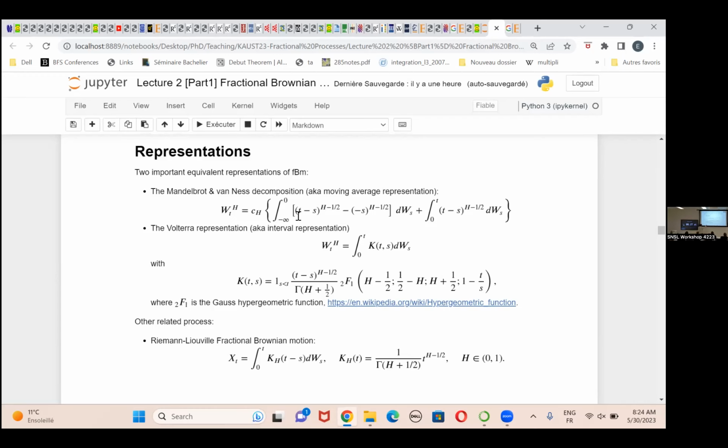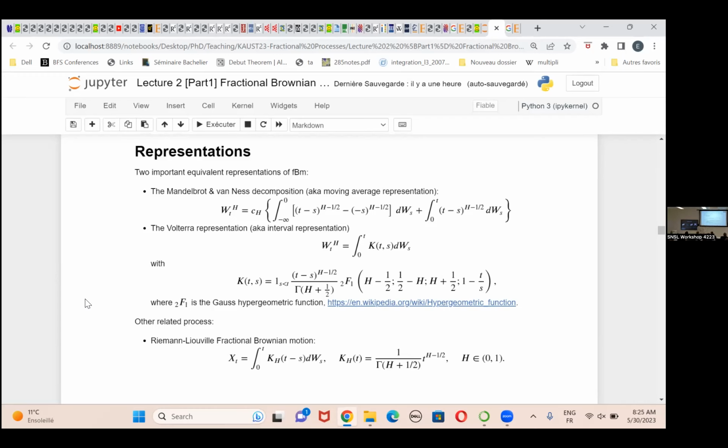For instance, you have the Mandelbrot-Van Ness representation against a standard Brownian motion, double-sided. You see here you have something that stops at 0, plus a convolution with this fractional kernel that appears between 0 and T. This is one representation.